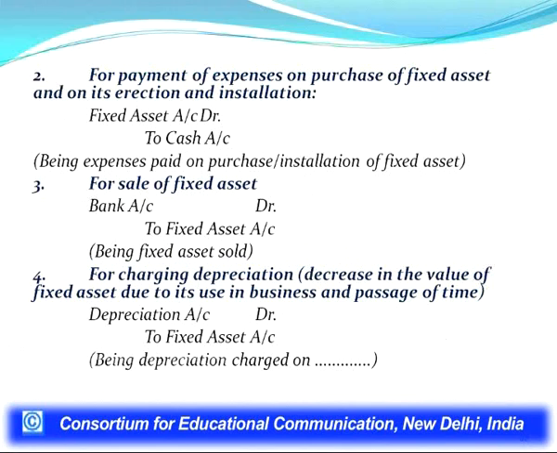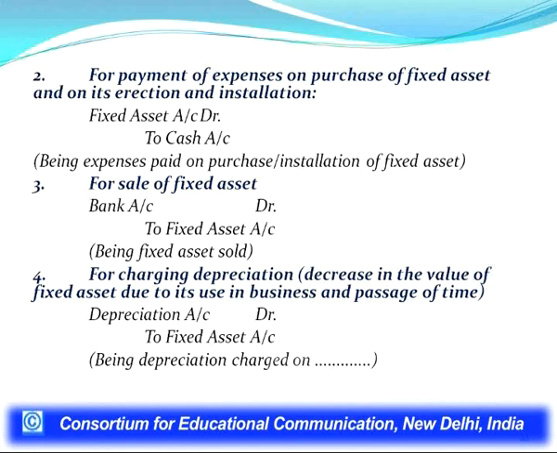Sometimes some expenses are to be paid on purchase of an asset, like you purchase a machinery and you also have to pay the freight expenses or the installation charges. These freight or installation charges on purchase of an asset are considered as the cost of the asset. So, if we pay such expenses, we shall debit the fixed asset account. So, the entry will be fixed asset account debit to cash.